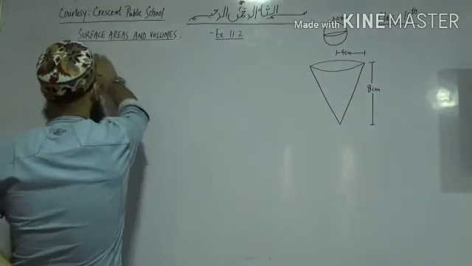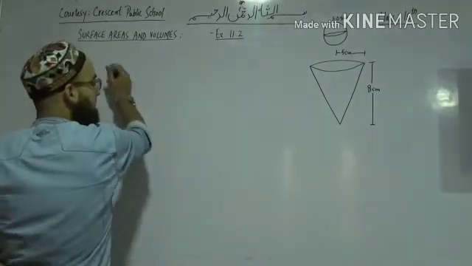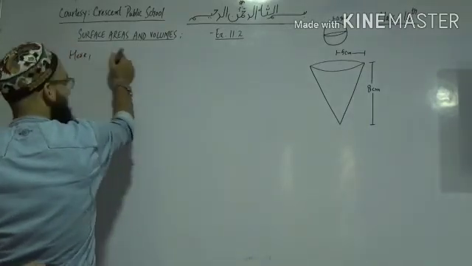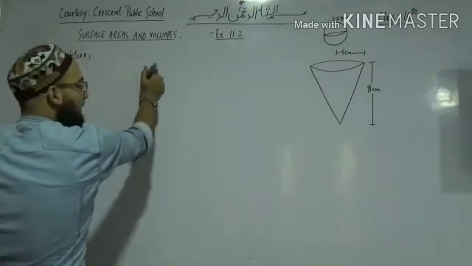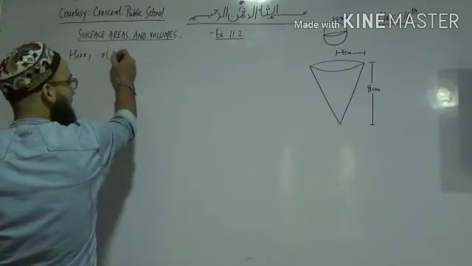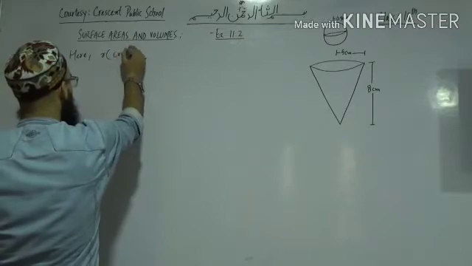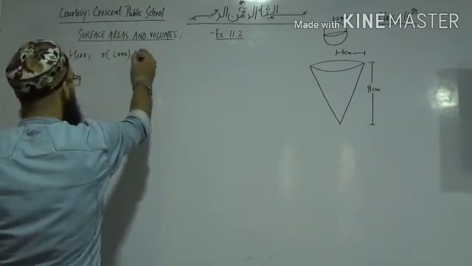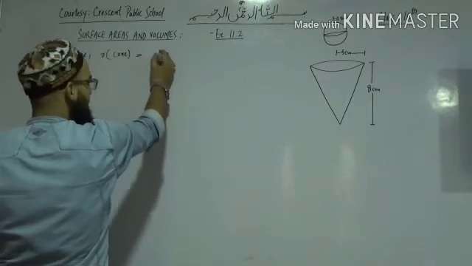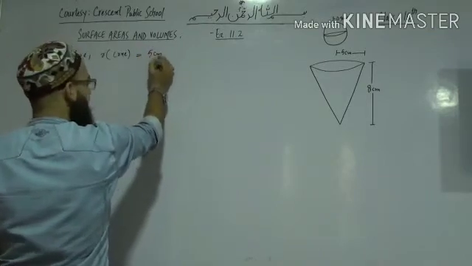Now you go like this. Radius of cone is the radius of vessel. Radius of cone is equal to 5 centimeter.